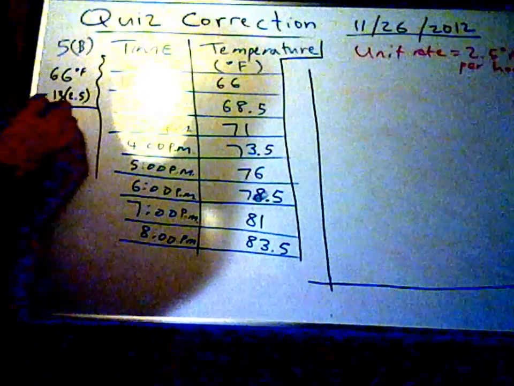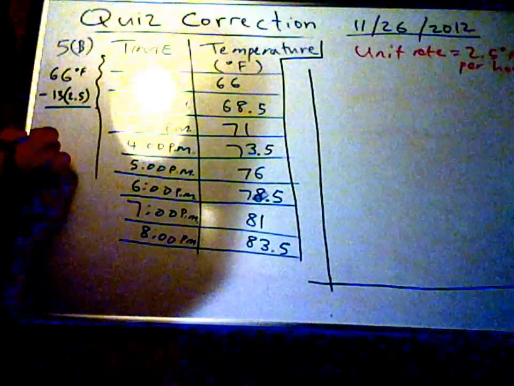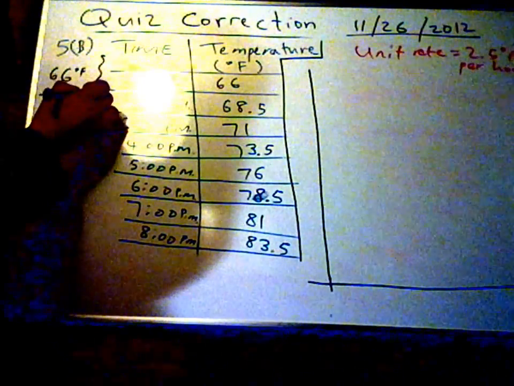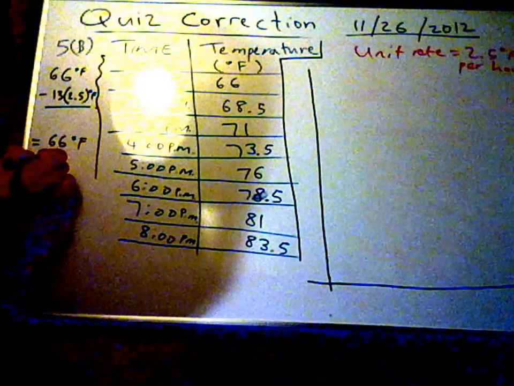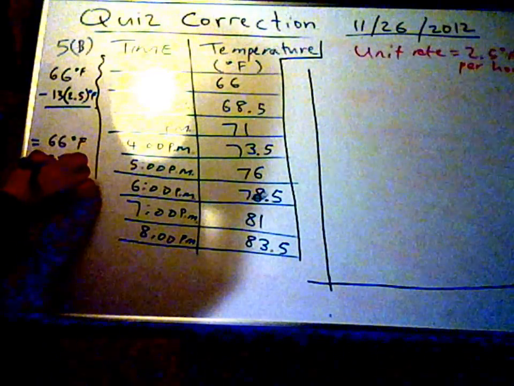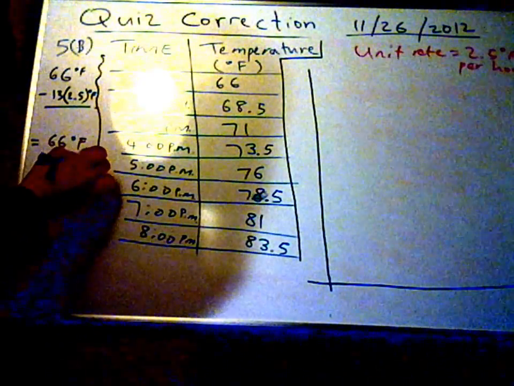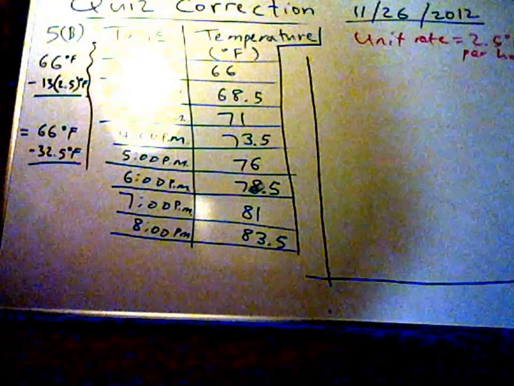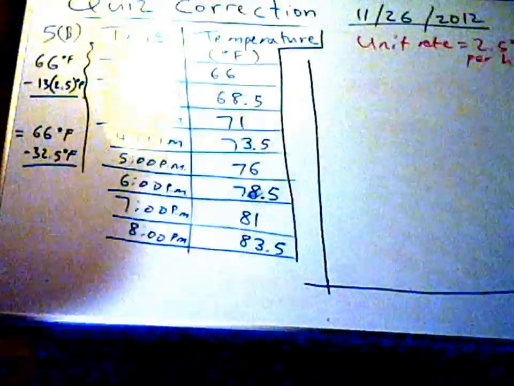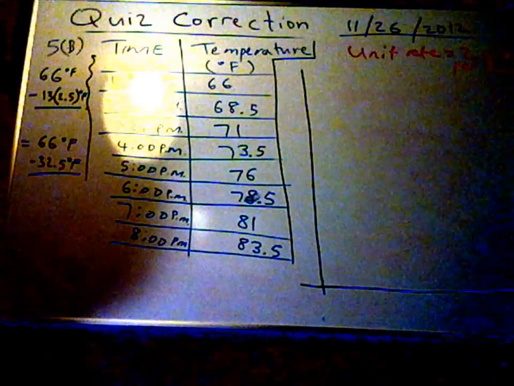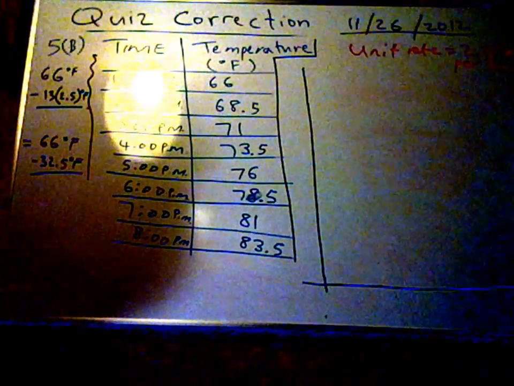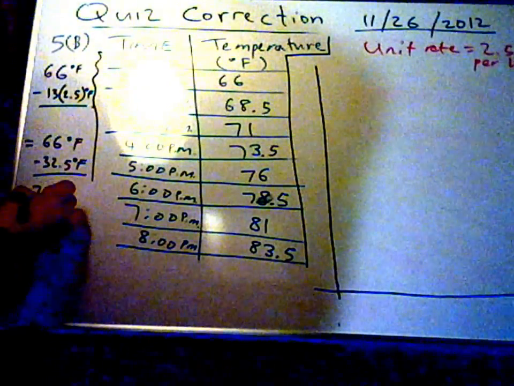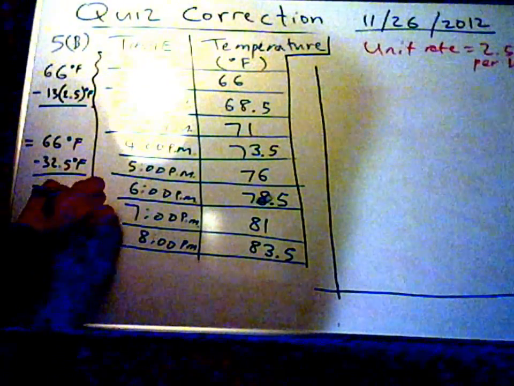So this would be equal to 66 degrees Fahrenheit minus 32.5 degrees Fahrenheit, which would get us to 33.5 degrees Fahrenheit, okay?